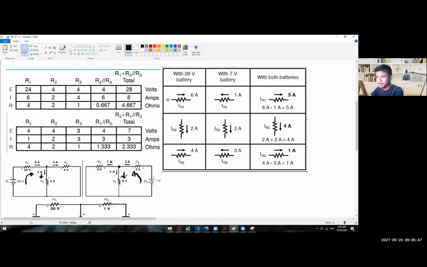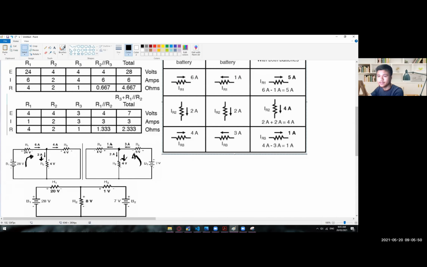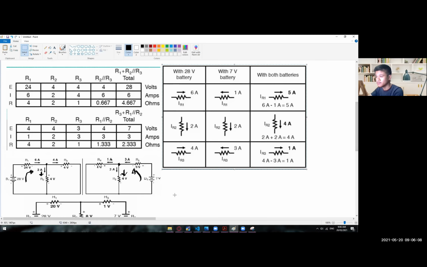So we have the IR1 right here, the final current on R1, the final current on R2, the final current on R3. If you're going to start with R1, it's very obvious that we have different polarity. We have 6 amps going here and then 1 amp going here. So it is now obvious that whichever is higher is the one who's going to dominate the flow of current.